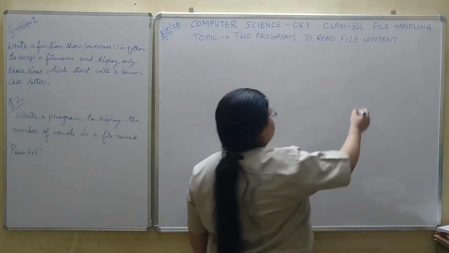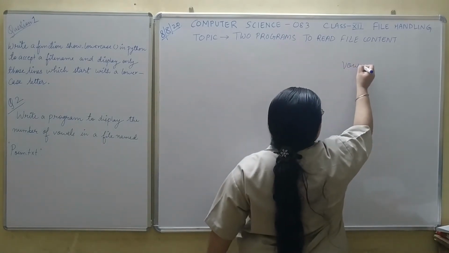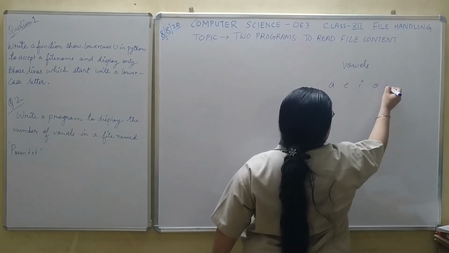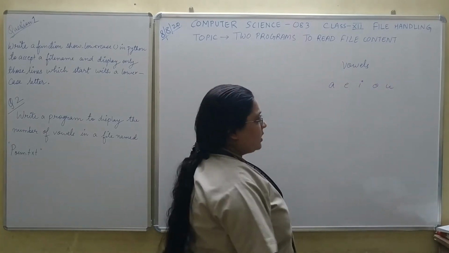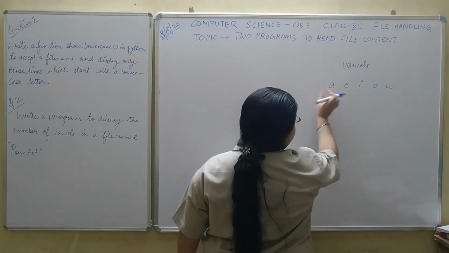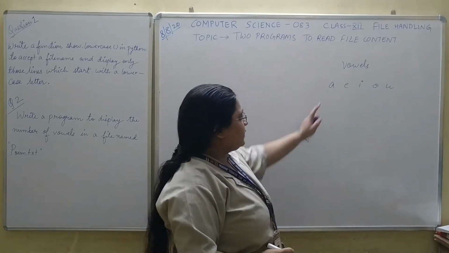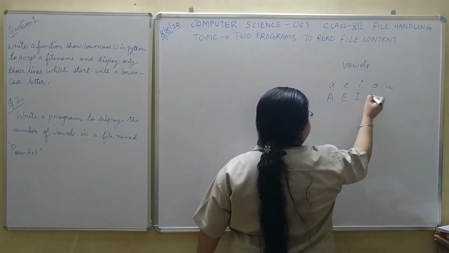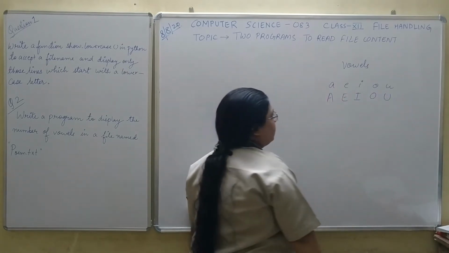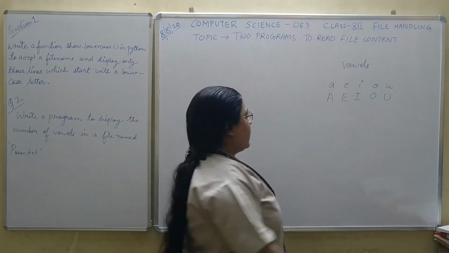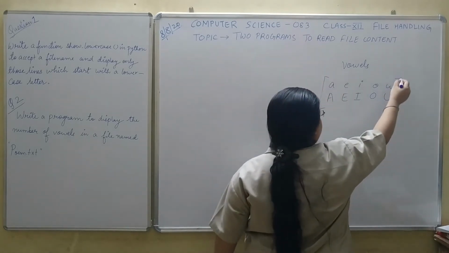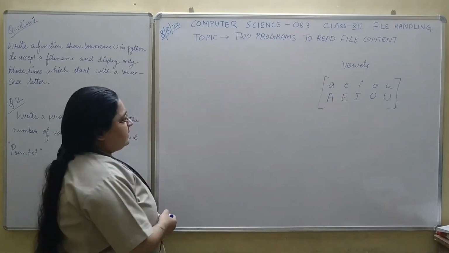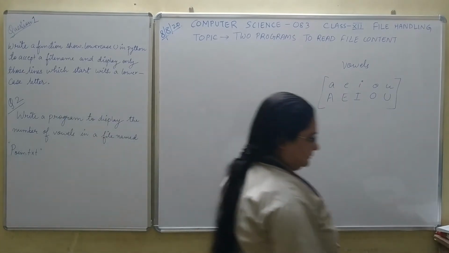Now we know what are the vowels: A, E, I, O and U. Now it is not necessary that the user will be entering these in small letters only, they could be in capital letters also. So all these conditions, all these letters have to be considered when we are counting vowels in our program. So let us start doing the program.